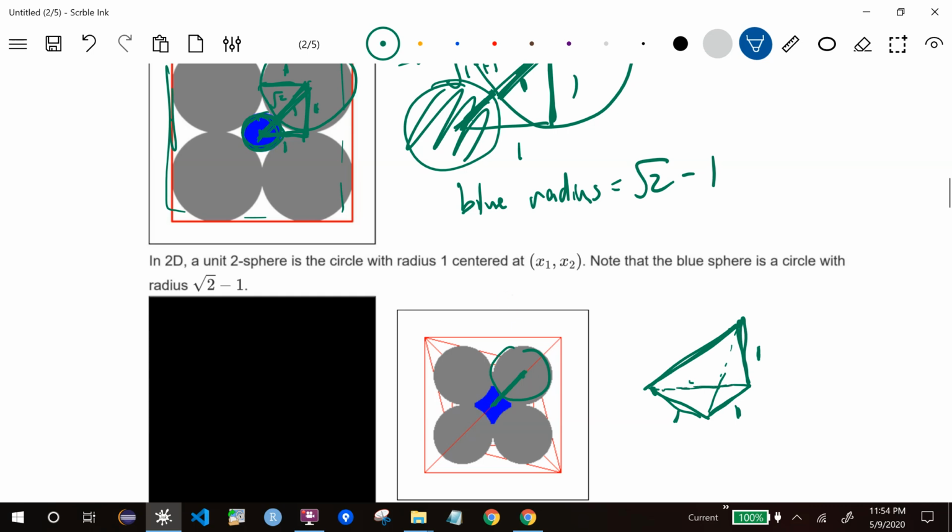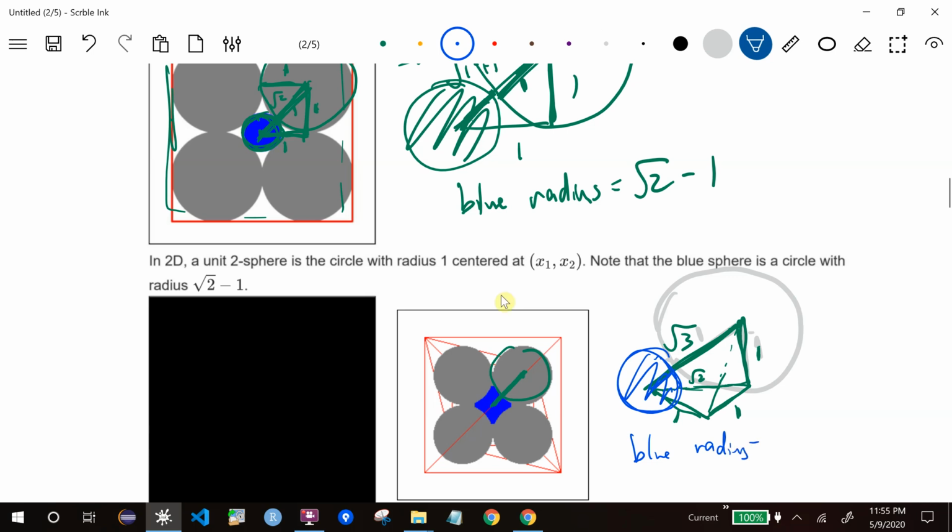So this length would be square root 2, and this length would be square root of 2 square plus 1 square, so it's square root 3. Now, the tricky thing is that if you look at the gray sphere, the radius is also 1. So that's why the blue sphere, the blue radius is square root 3 minus 1.